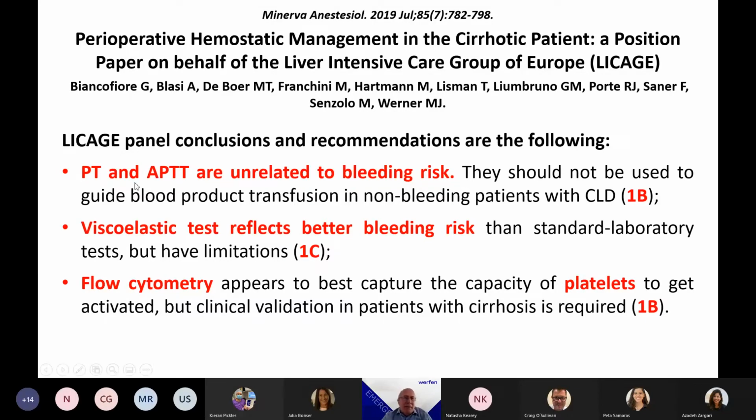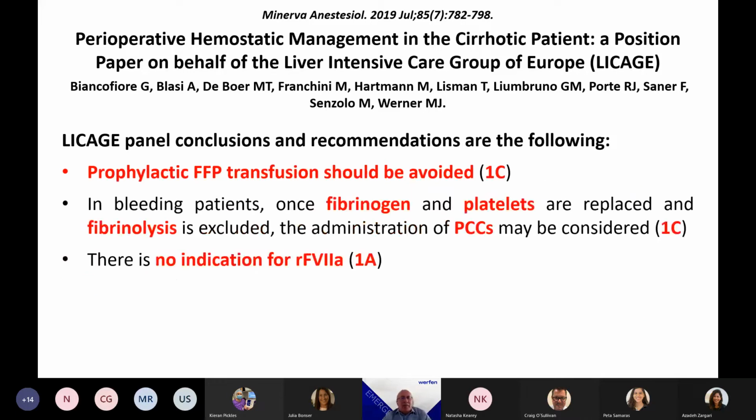Similarly, the recommendations from the Liver Intensive Care Group of Europe all go in the same direction: that PT and APTT are unrelated to bleeding risk, with a 1B recommendation, and that viscoelastic testing should be preferred for this assessment. But again, we should be careful and not use them for prophylactic interventions, because prophylactic plasma transfusion should be avoided. And when we look at clot firmness, we have to assess whether there's a counterbalance of low platelet count, for example, by higher fibrinogen levels.